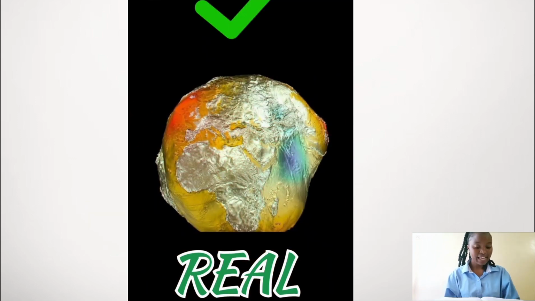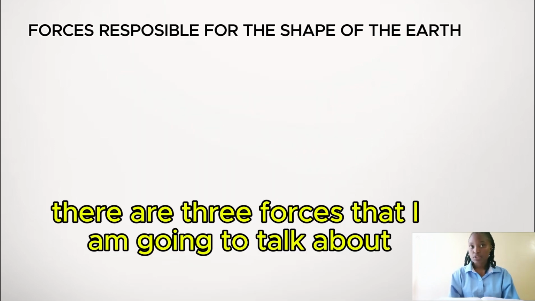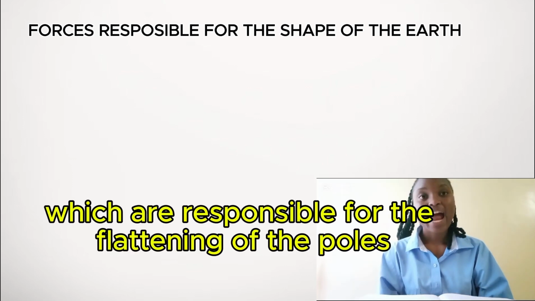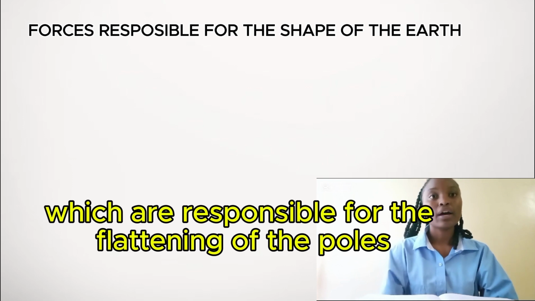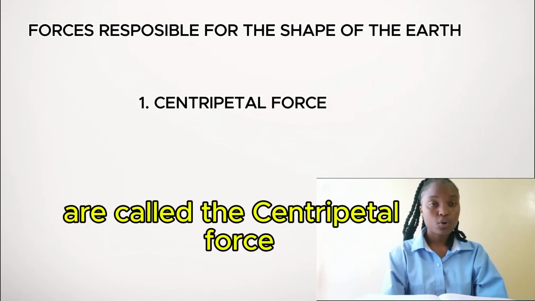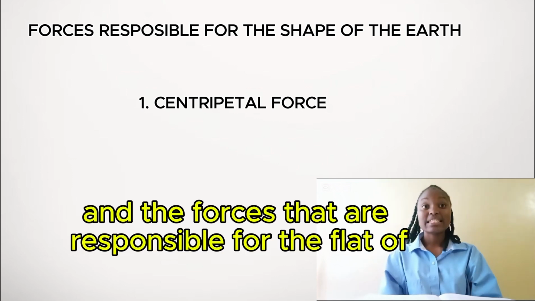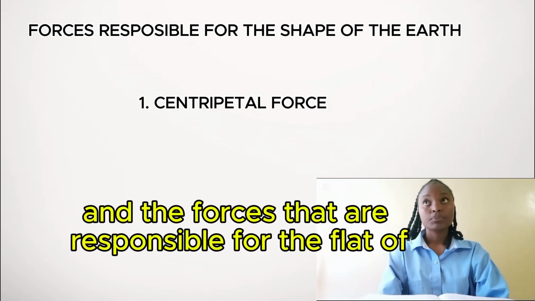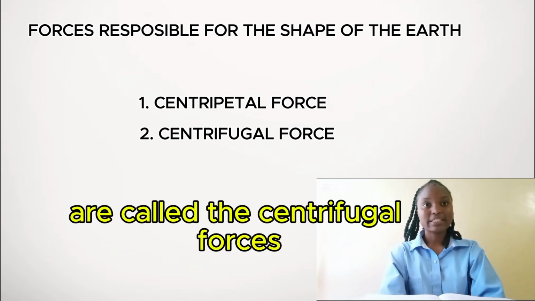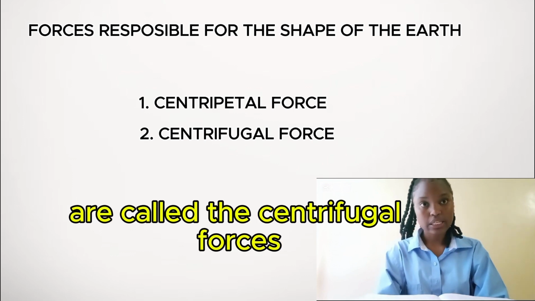Okay, so there are three forces that I am going to talk about which are responsible for the shape of the earth. The forces which are responsible for the flattening of the poles are called the centripetal force, and the forces that are responsible for the bulging of the equator are called the centrifugal forces.